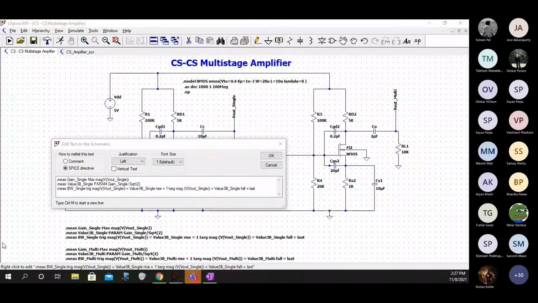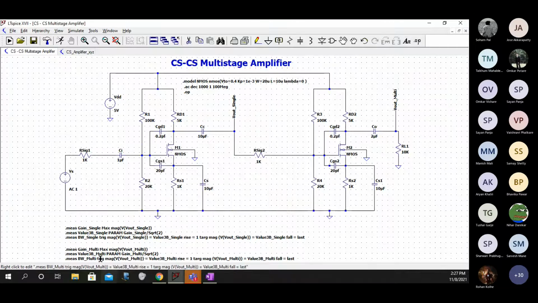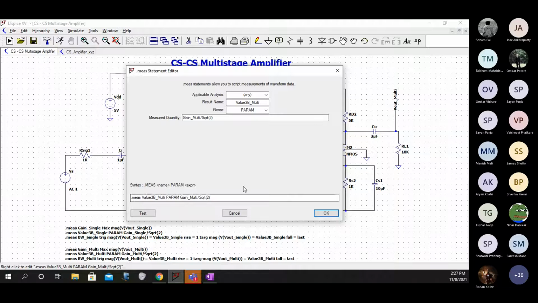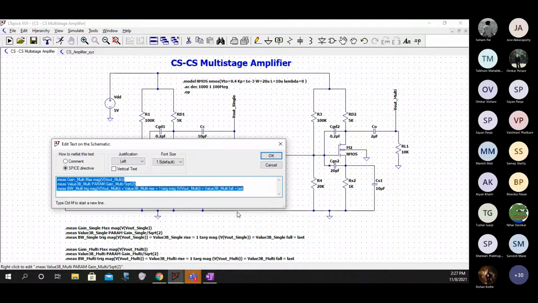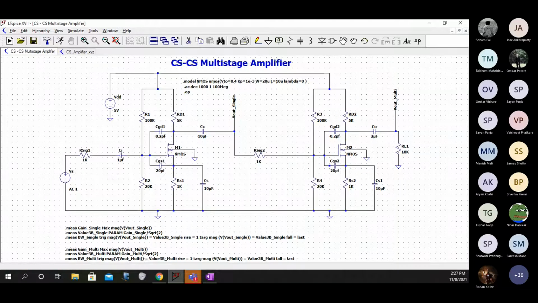So this is the first dot measure command, and this is the second dot measure. So explanation we have already seen. Okay, now exactly name the circuit how I have named it.